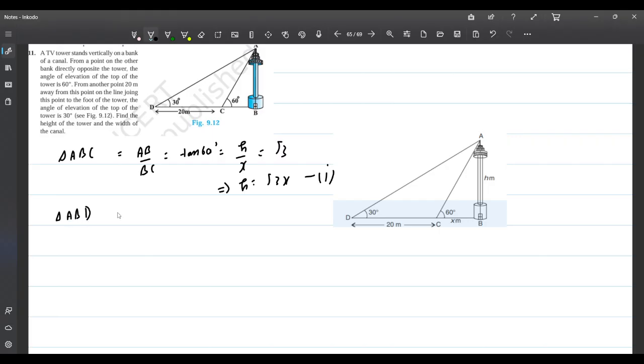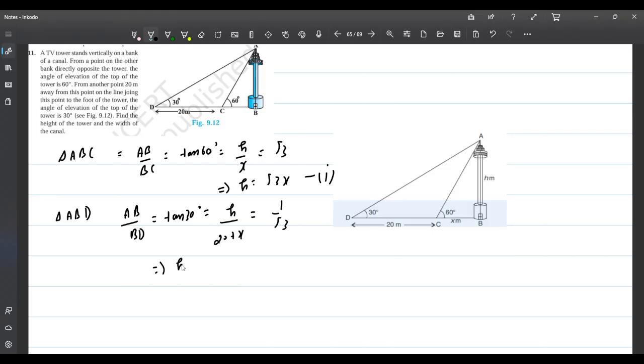And in triangle ABD, AB upon BD is equal to tan 30 degrees. So this is h upon 20 plus x, which is equal to 1 upon root 3.